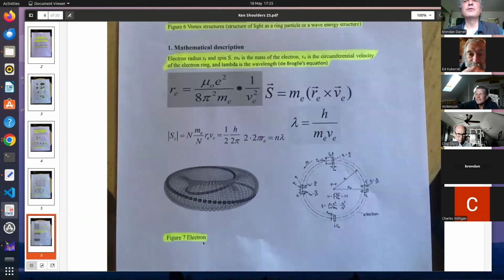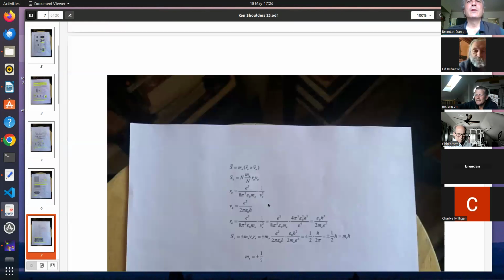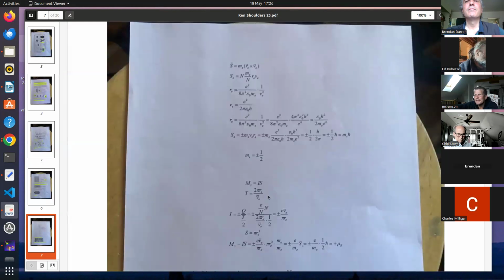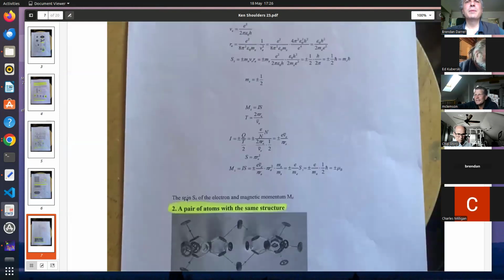Figure 7, an electron. That one there. Okay, here's some more mathematics. Spin SZ of the electron and magnetic moment MZ. A pair of atoms with the same structure.